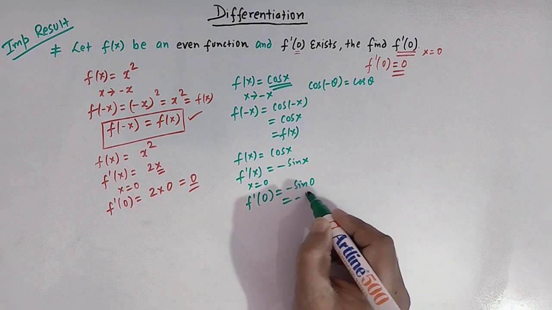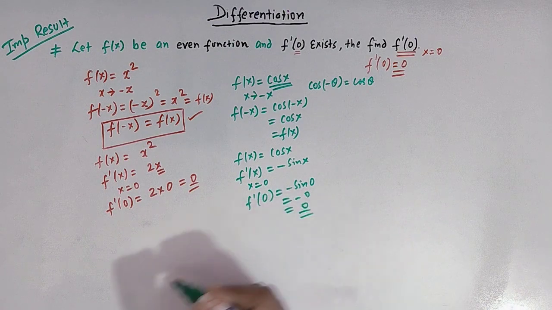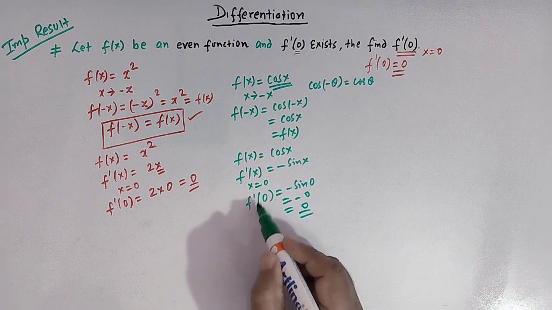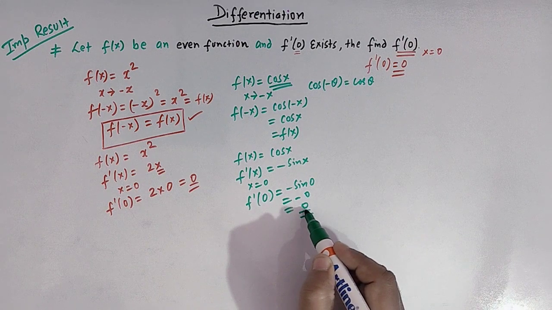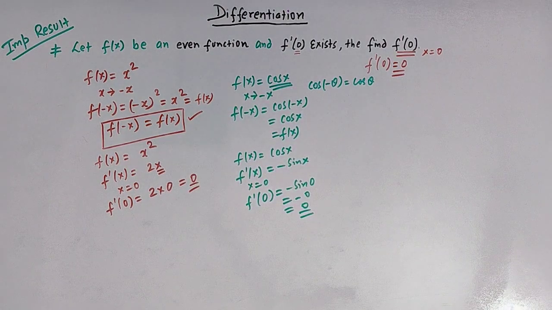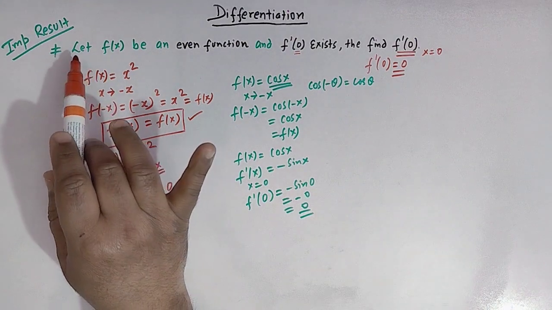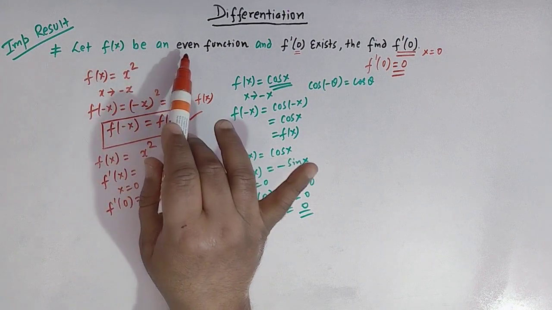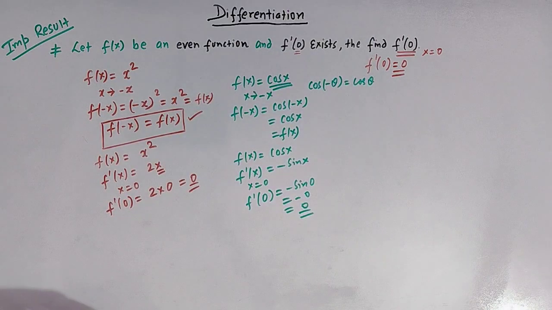So we'll get minus 0, that is equal to 0. So again we have got f prime of 0 is equal to 0 for the even function. So here we have taken two examples to illustrate the importance of this statement.